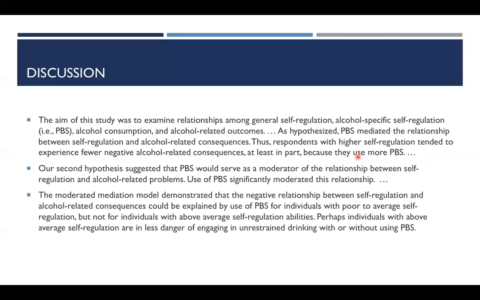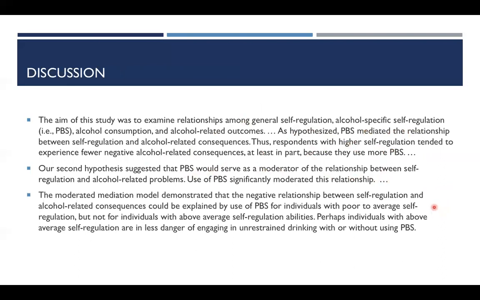So here's how they explain that. As the aim of the study, as hypothesized, PBS mediated. Respondents with higher self-regulation tended to experience fewer negative consequences because they use more PBS. And their second hypothesis was that PBS would serve as a moderator, and that was the case, and they go on to explain that as well. But then this is where they explain the moderated mediation.